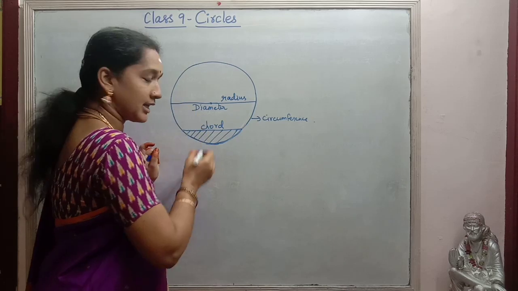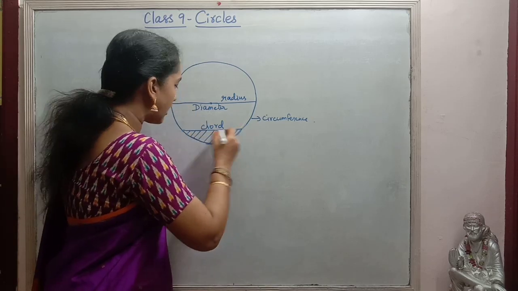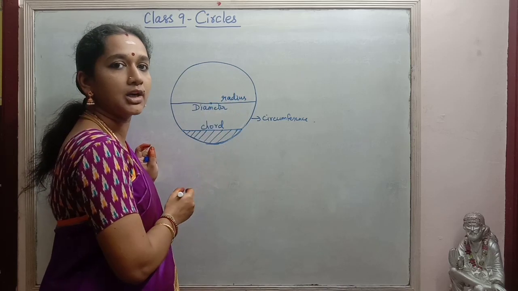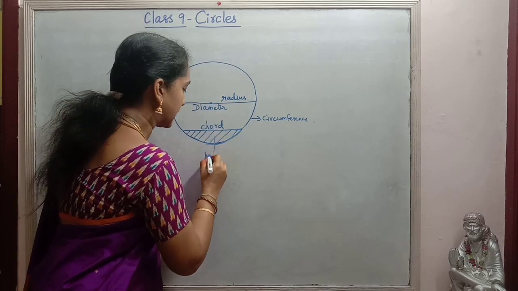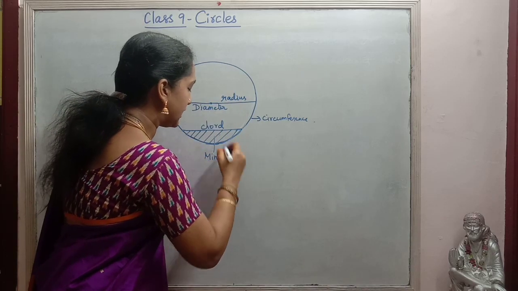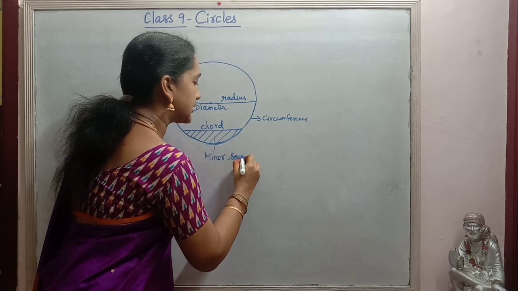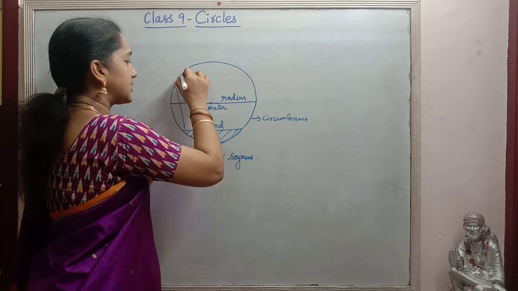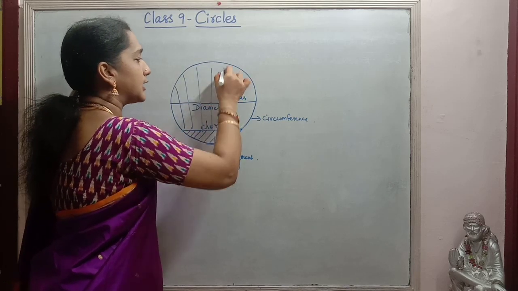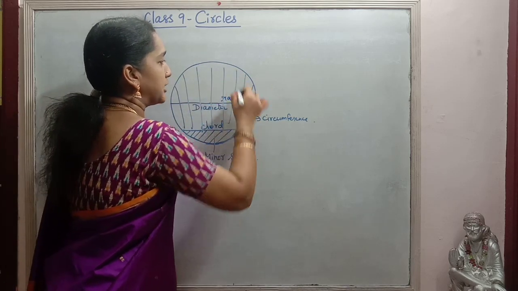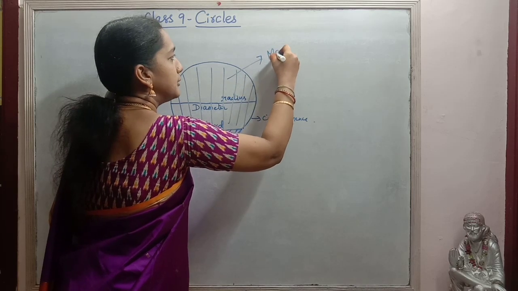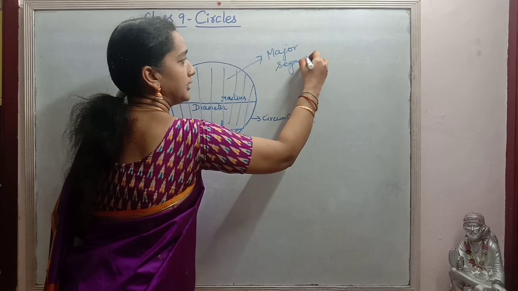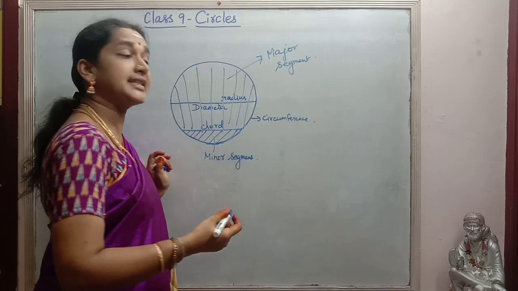The region between the chord and the smaller part of the arc is called the minor segment, and the remaining area is called the major segment. So this part is called the major segment. Then comes the sector.